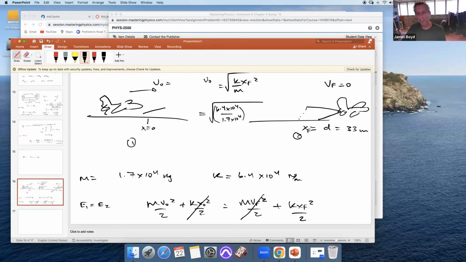They're the same power, so I just need 6.4 divided by 1.7 times 33 squared. What I get there is 6.4 divided by 1.7 times 33 times 33. Don't forget your square root. I get 64 meters per second.